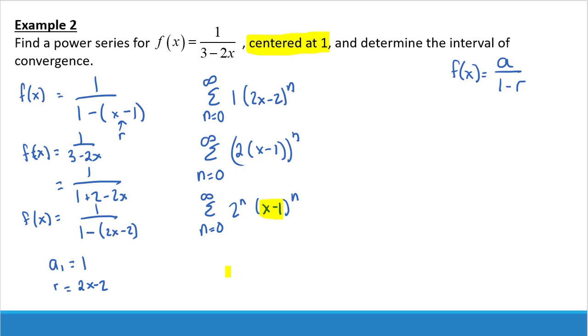Again, remember these are geometric, so my ratio, which is x minus 1, has to be less than 1. If I add 1 to both sides, that's how I get that. I have something very different in my notes, but I know that that's the right answer.